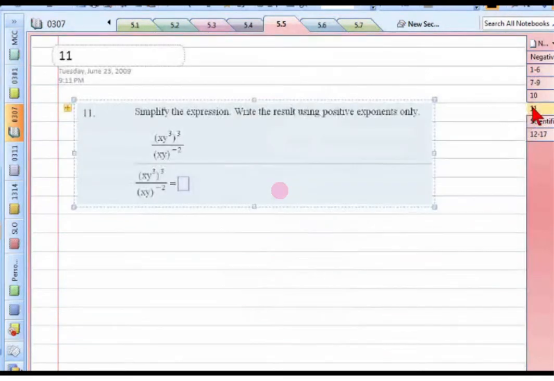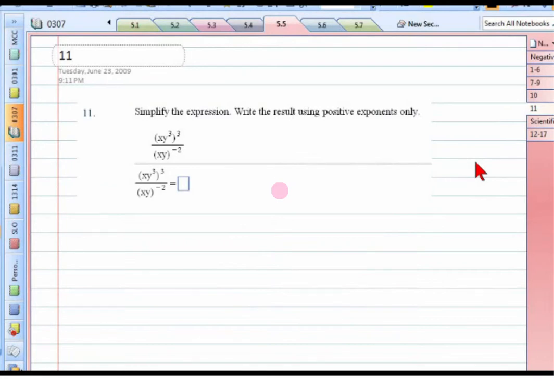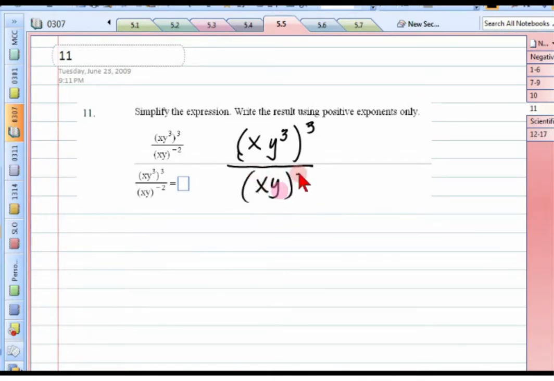Let's look at 11. This is the last one that uses multiple rules. I'll write the problem bigger. I have parentheses, x, y to the third, raised to the third, over x, y to the negative 2. Okay, the rules.